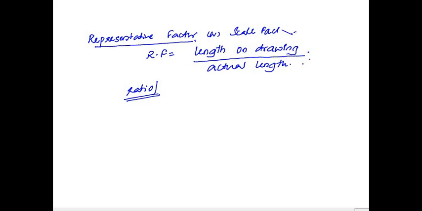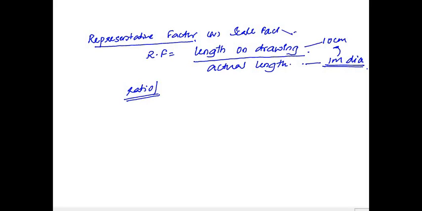That means, let us say, for example, we have an object of 1 meter diameter. Definitely I cannot draw an object with 1 meter diameter on my drawing sheet. So I may reduce it to somewhere around 10 centimeters.